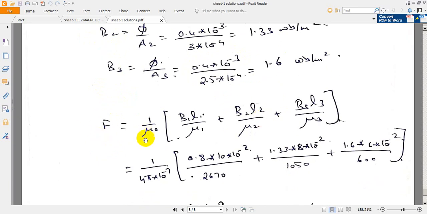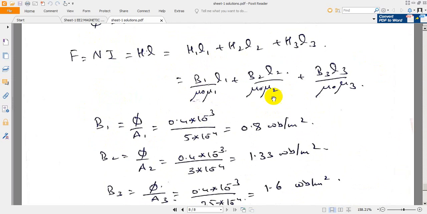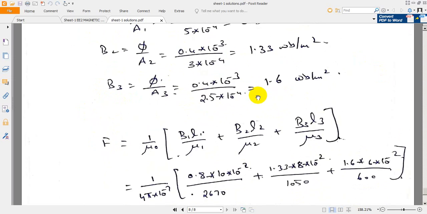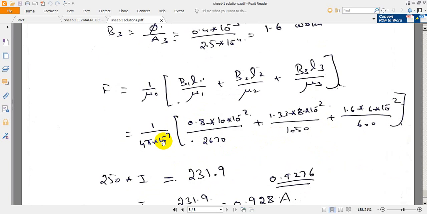Now total F is equal to, from this expression, mu naught is common. So let us take 1 by mu naught multiplied by B1 by L1 into mu1 plus B2 by L2 by mu2 plus B3 by L3 by mu3. So F is equal to, substitute the value of mu naught, B1, L1 and permeability 1. Substitute the value of B2, L2 and permeability 2, B3, L3 and mu3.